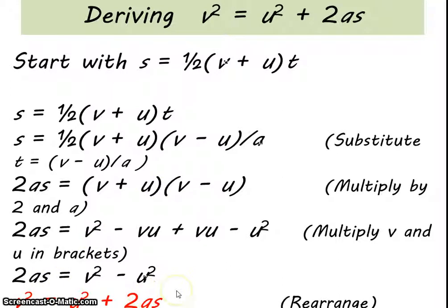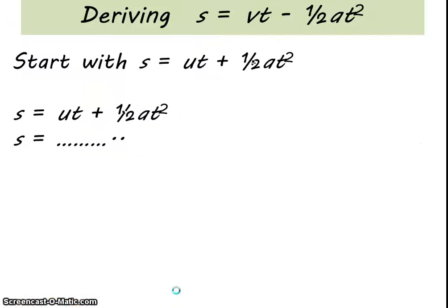The next equation is very similar to s equals ut plus half at squared. It's essentially the same equation, only what you're doing is starting from vt and then subtracting an area of a triangle rather than adding an area of a triangle to ut.